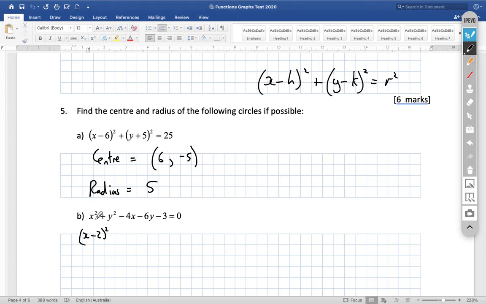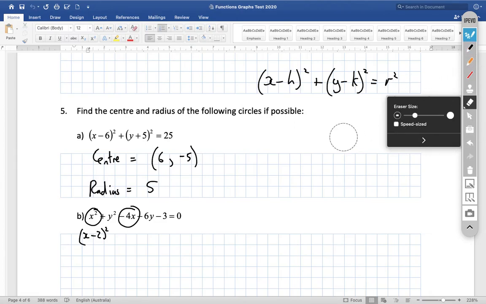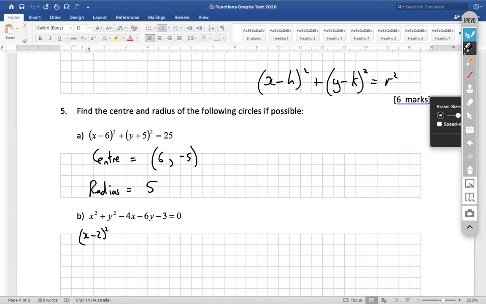Now that's coming from that and that, right? This is something that we've talked a fair bit about in class, how to complete the square. So very quickly, we would know, hopefully, that if that here is a square, plus 4, it can be written like this.